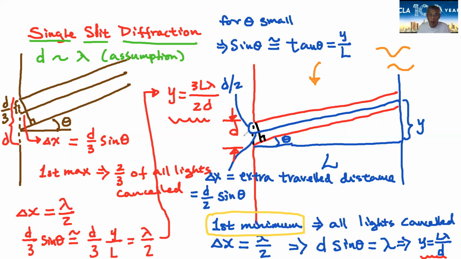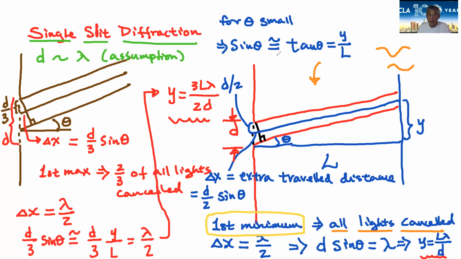All of them are lambda over 2 different in terms of travel distance, so they will all cancel out. All the light that goes through this D opening cancels. Then we have D sine theta divided by 2 equal to lambda divided by 2, so the 2s cancel out. We have D sine theta equal to lambda.